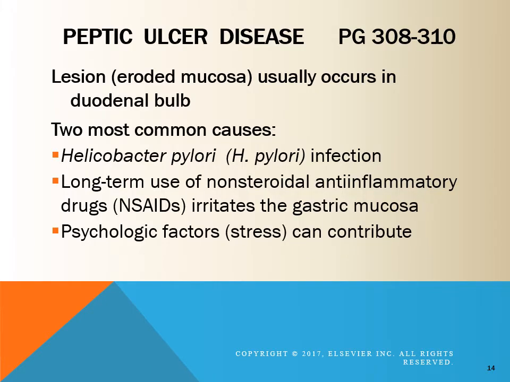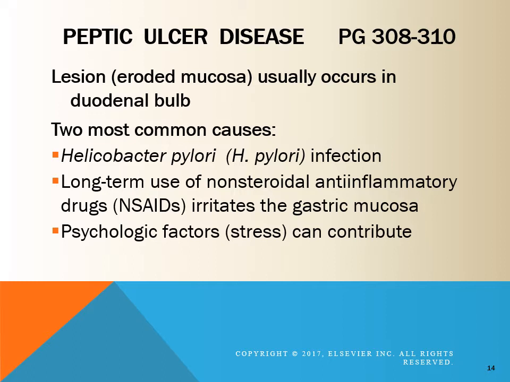Peptic ulcer disease. So a lesion or eroded mucosa usually occurs in the duodenal bulb. The causes of this include the H. pylori infection. So H. pylori is a spiraling rod-shaped bacteria.